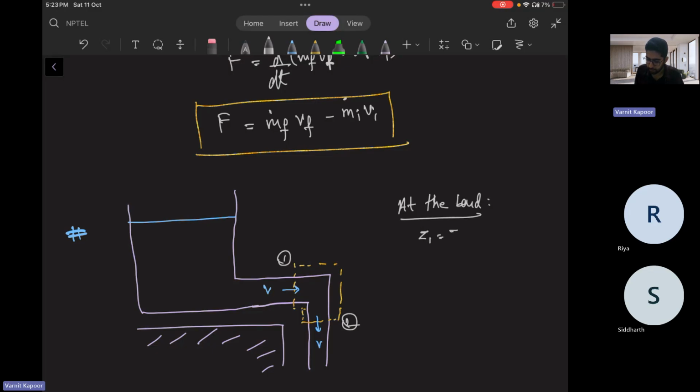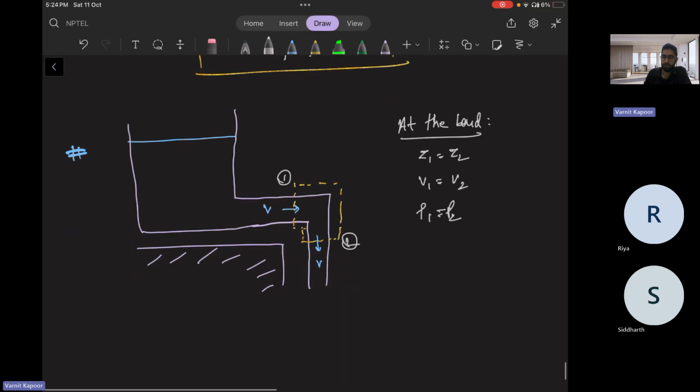So Z1 is equal to Z2, as well as the velocities are equal because the area is not changing in this case. And pressure will also be equal at both sections. Bends are of very small height, and we always assume this kind of scenario.